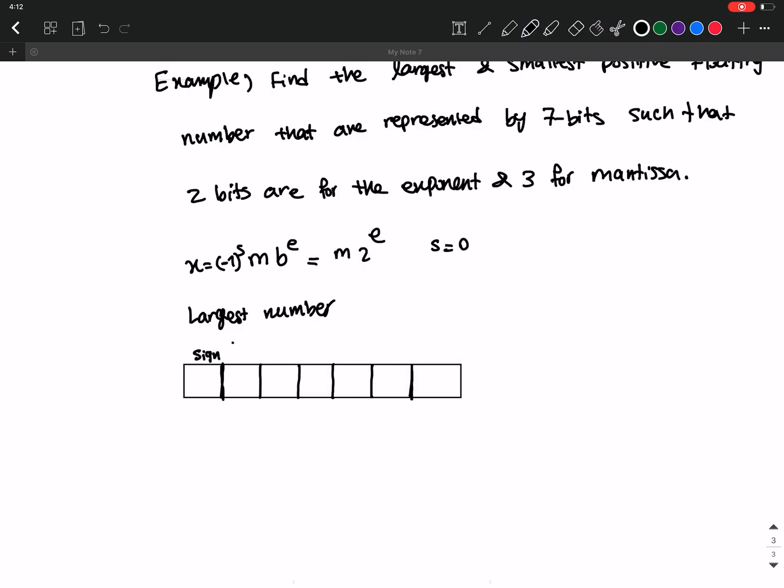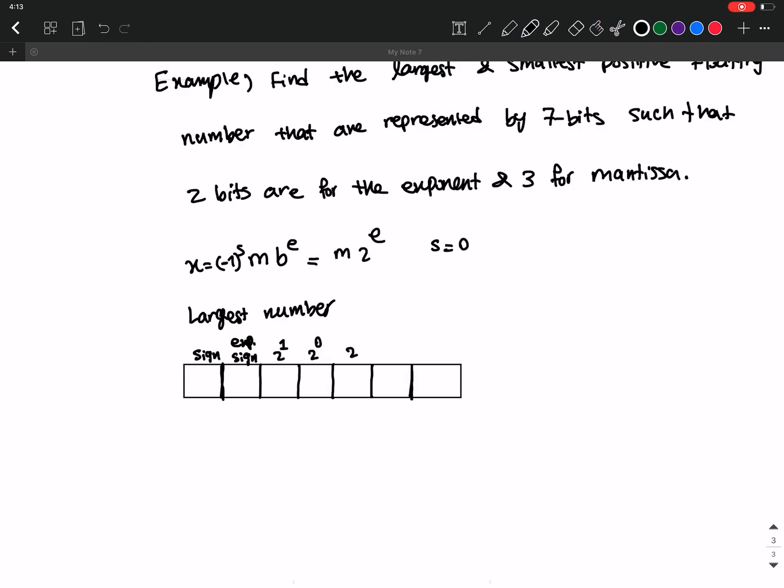The second one is gonna be the exponent sign. The next 2 are gonna be for the exponent, where I'm gonna have an integer number, either 2 to the power 1, 2 to the power 0.